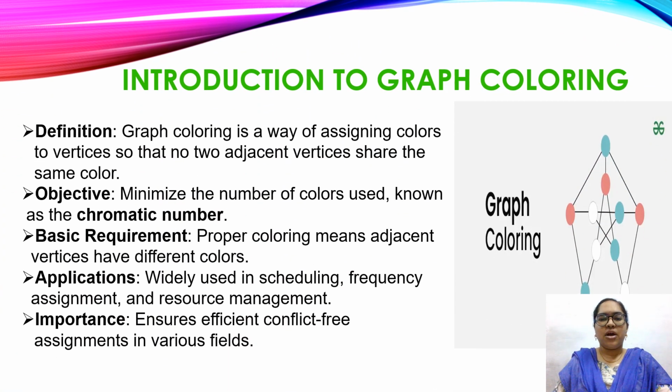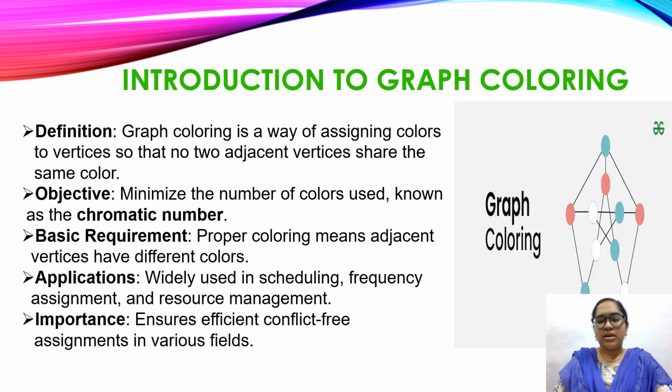So in the introduction, I have basically given the definition of graph coloring and the basic terms. So first, let's know what is graph coloring. It is the way of assigning colors to vertices so that no two adjacent vertices share the same color. And the objective of this graph coloring is basically to minimize the number of colors used, and this term is known as chromatic number.